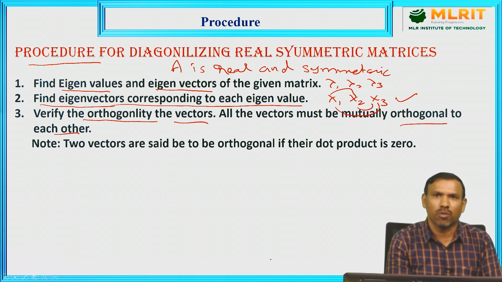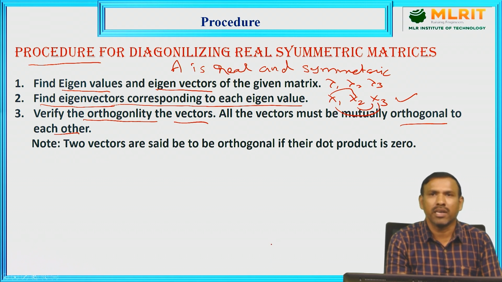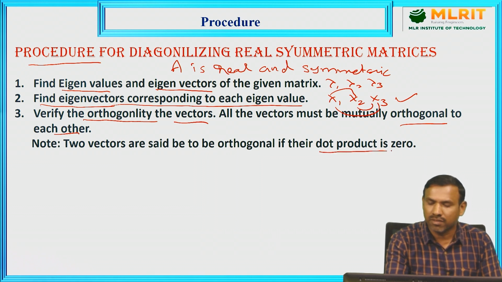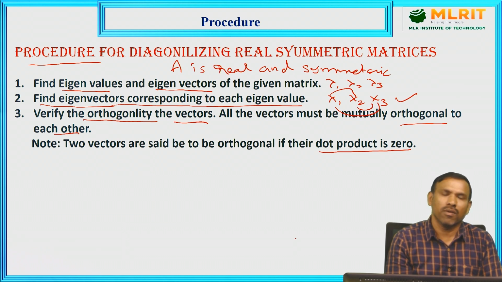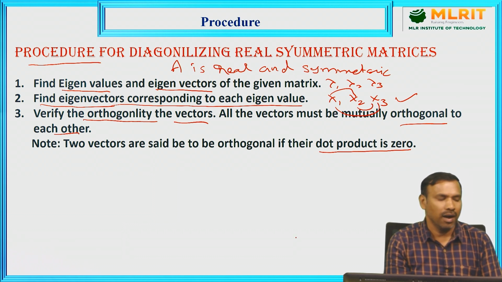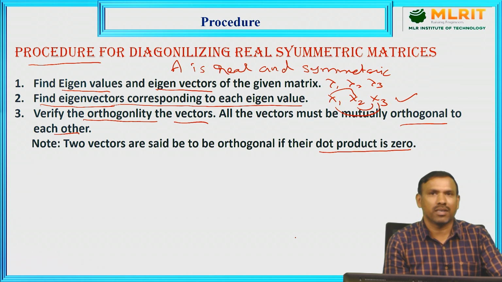You take any 2 of the 3 eigenvectors, and they should be perpendicular to each other. Perpendicular means their dot product is 0. We know in vector concepts, 2 vectors are perpendicular when cos 90 is 0, so A dot B is equal to 0, and then A and B are called orthogonal vectors.